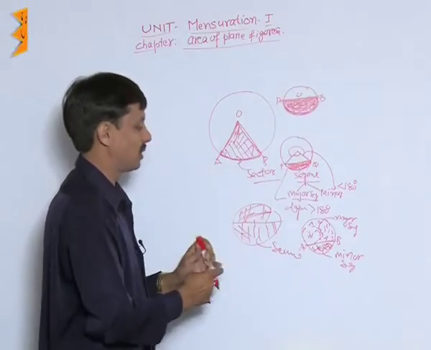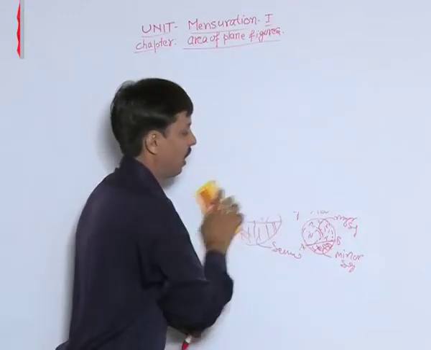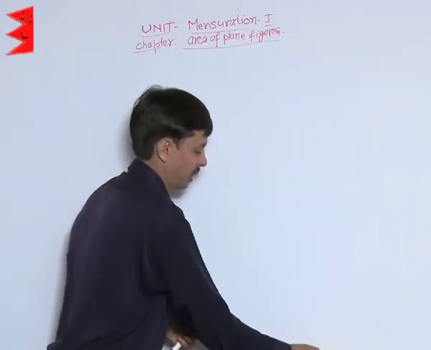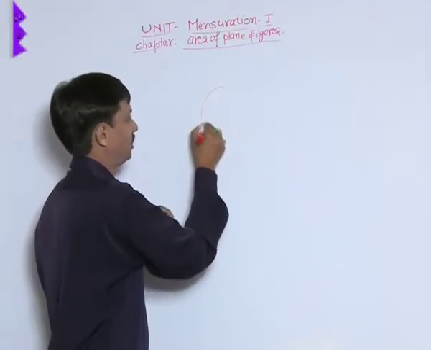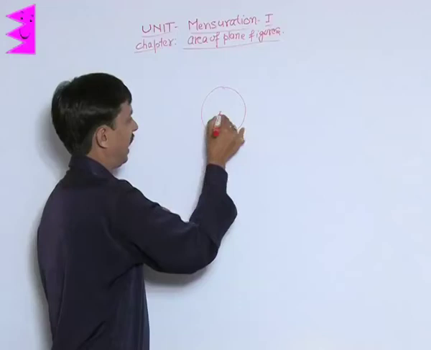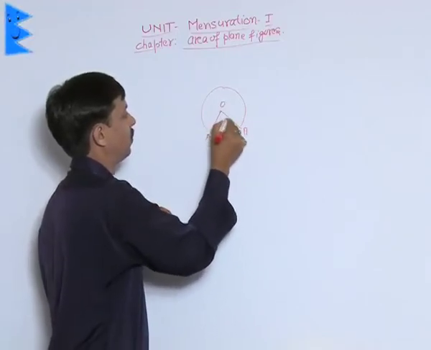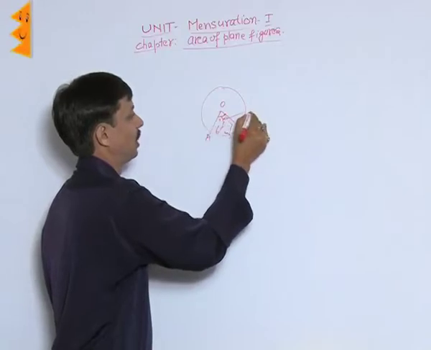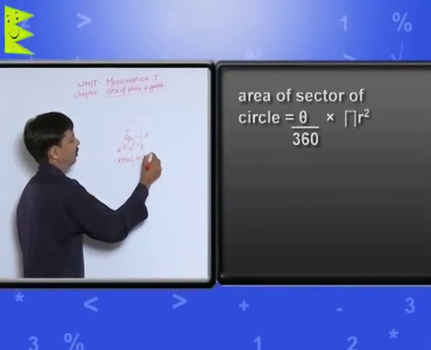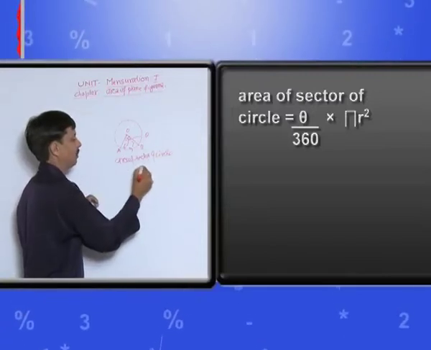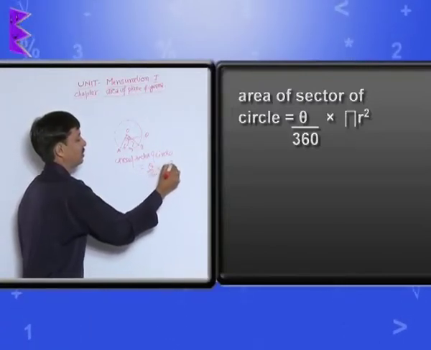So now the question comes, how do we find the areas of sectors and segments? In order to find the area of a sector, remember this is a circle I am showing here, this point is O, this is A, this is B. To find the area of the sector, you must know what theta is. The area of a sector of a circle is given by theta upon 360 degrees into pi r square.